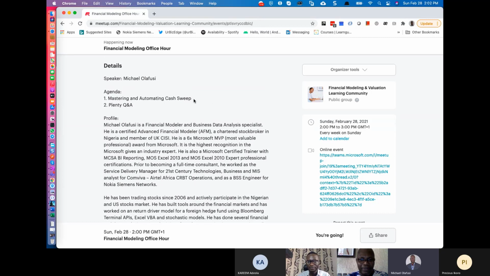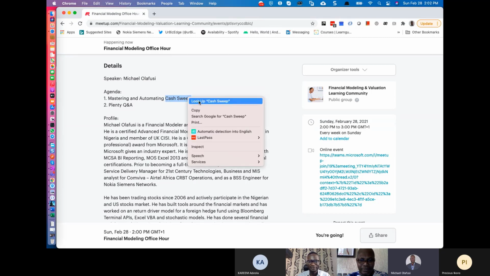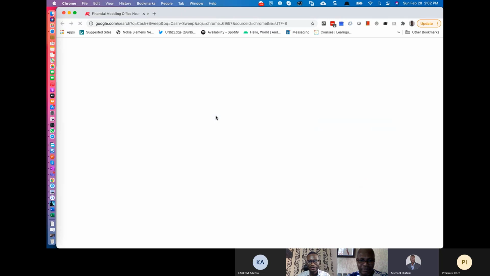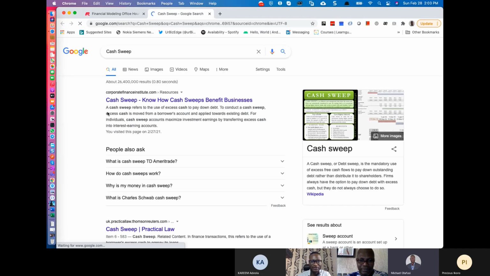And it's called cash sweep. So what is a cash sweep? Since I'm already on the web, let me just pull out a definition. It's typically a mechanism in which the company, or if you are doing a model, you begin to say excess cash, where you want to use your free cash, your excess cash, to pay down debt.